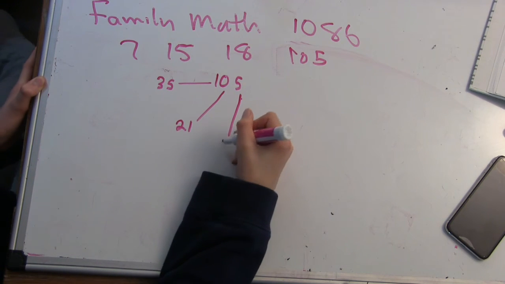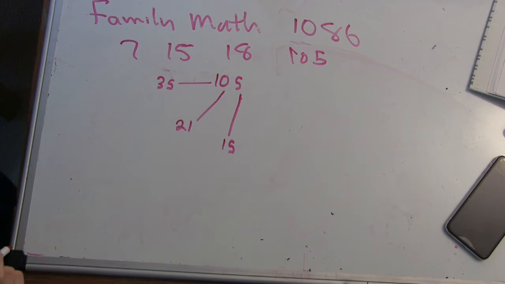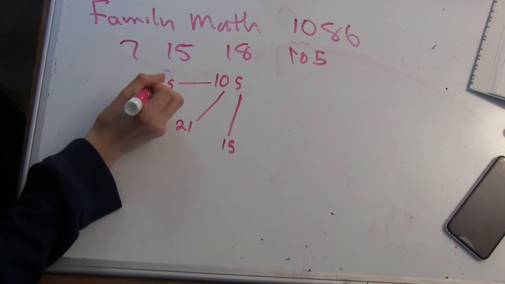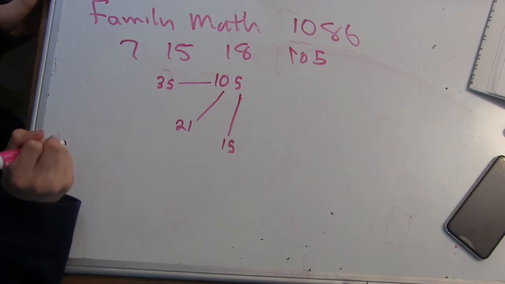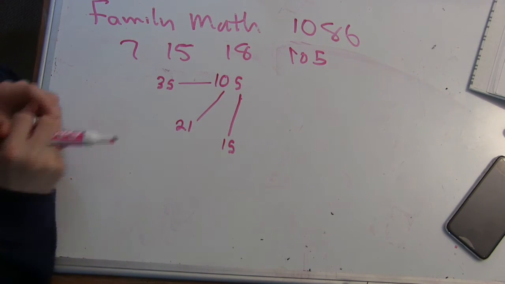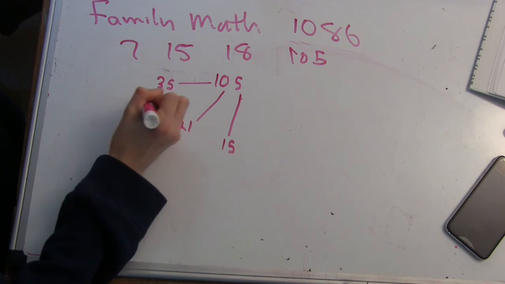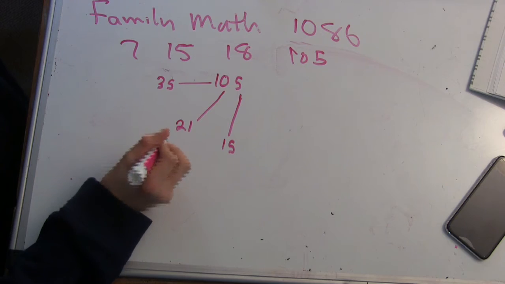Divided by 7 gets you to 15. From 35, this way is for 3. You can't divide by 3 again. So you can go down. It's only by 5 and 7.